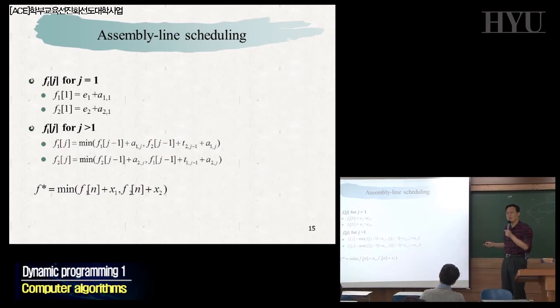And this is symmetric. This is the case when the station is in assembly line 2. If the semi-assembled car is in assembly line 2, we only add the assembly time. Or if it is from assembly line 1, we have to add the transfer time.